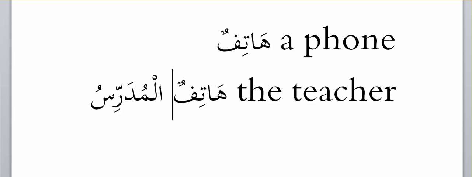So we drop the tanween on the fa to a single dhamma. We replace. So we say hatifu. And what do we do to al-mudarris? Change the dhamma to a kasra. So how would we say this? Go ahead.